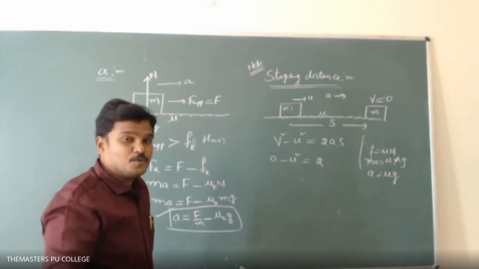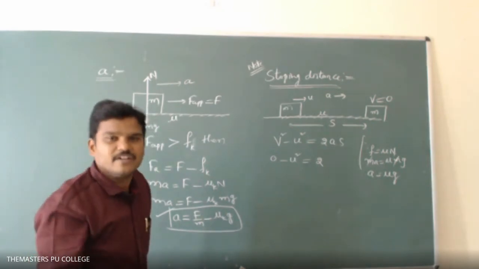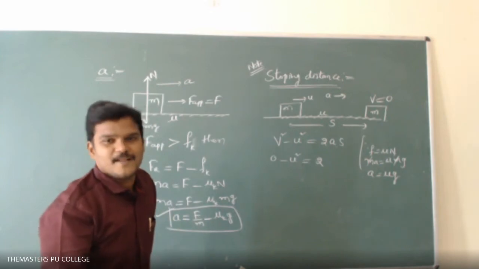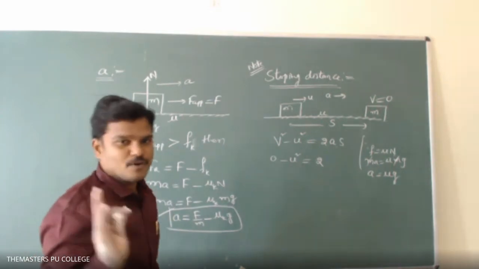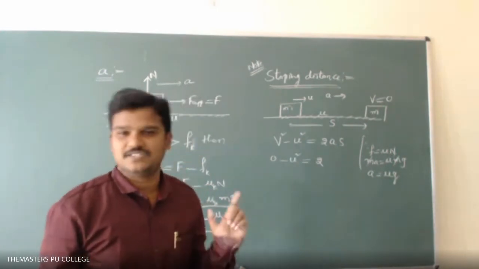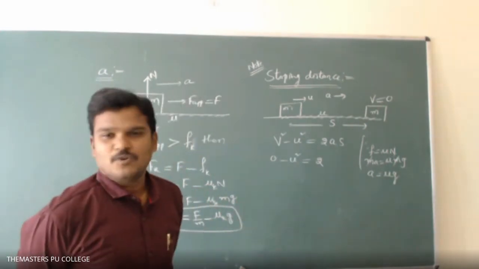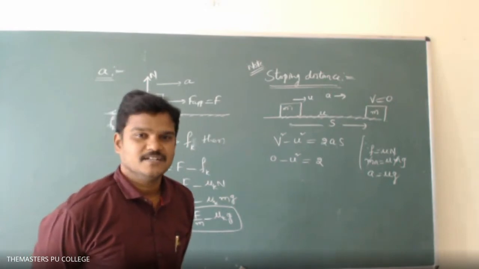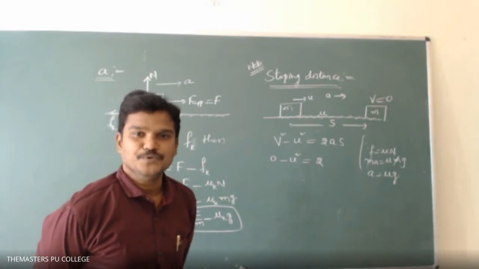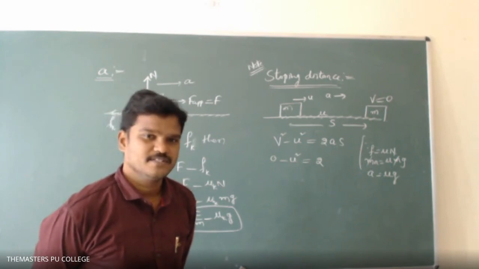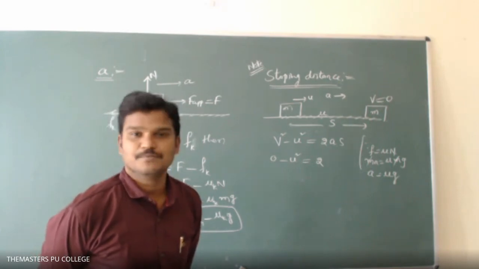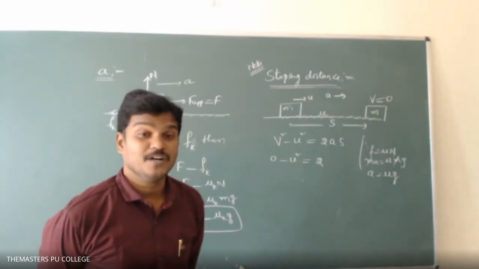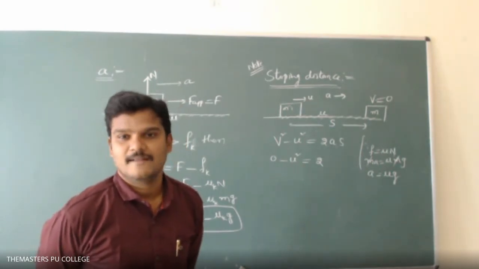If two coefficients of friction are given, mu s and mu k both given, tell me what is a? Right now, if only one mu is given, a is equal to mu g. First the body starts from rest. Whenever the body is at rest, mu is nothing but mu s. If the body moves, then mu is converted into mu k, kinetic friction.